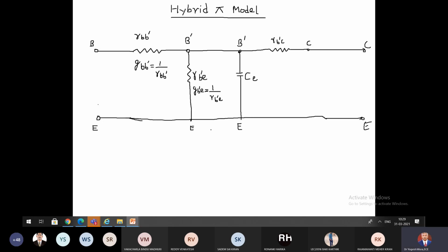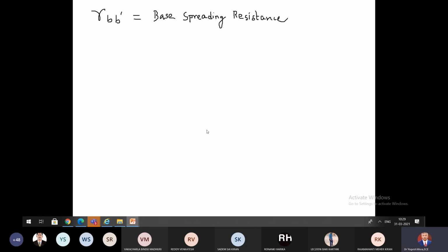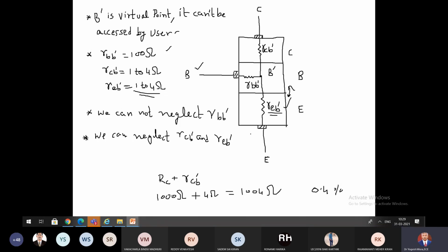Now you can see here in this diagram, in the base and collector junction, one capacitance will be formed between base and collector also, right? That capacitance is formed between terminal C and B dash. So that we will show here.